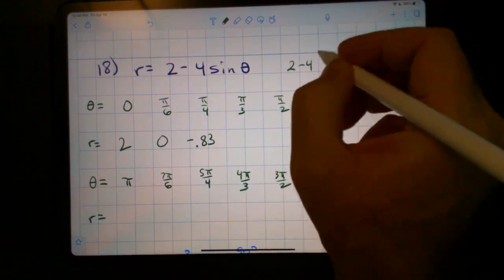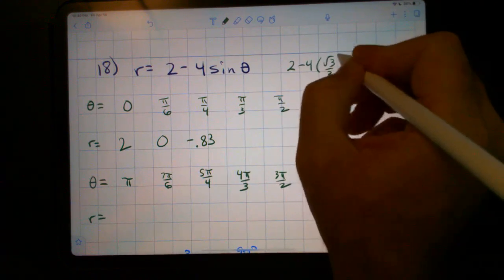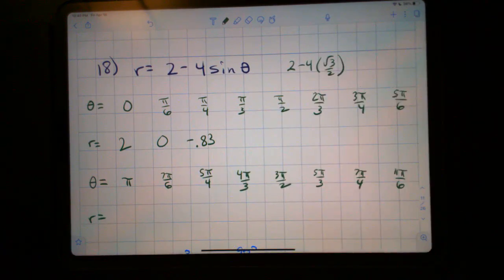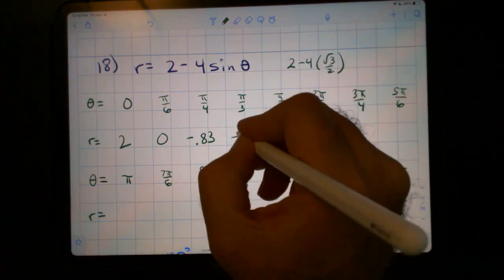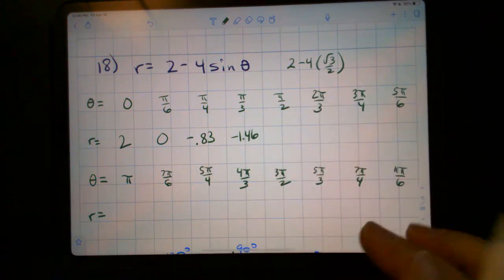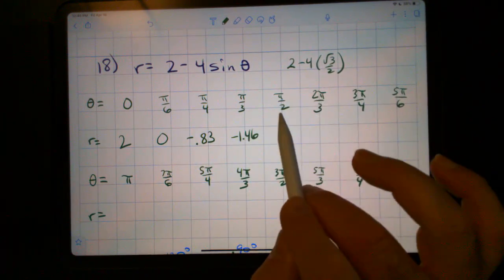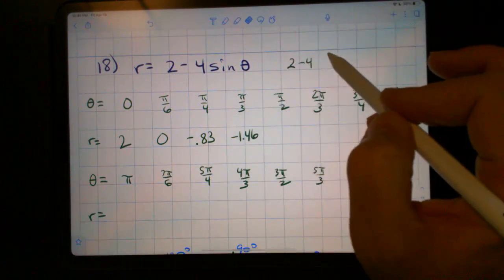Sine of pi over 3 is radical 3 over 2. Sine of pi over 2 is 1.